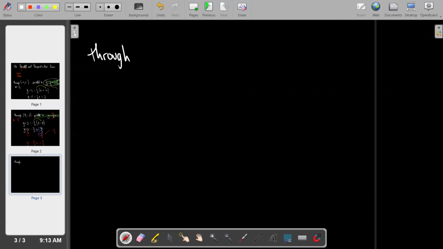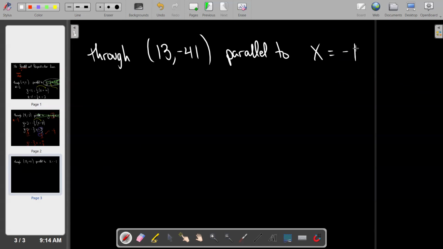They should be. So for our 7th example, we're going to go through the point 13, negative 41. And we're going to be parallel to the line x equals negative 1. Again, this problem should take less than, including writing time, less than 2.5 seconds.